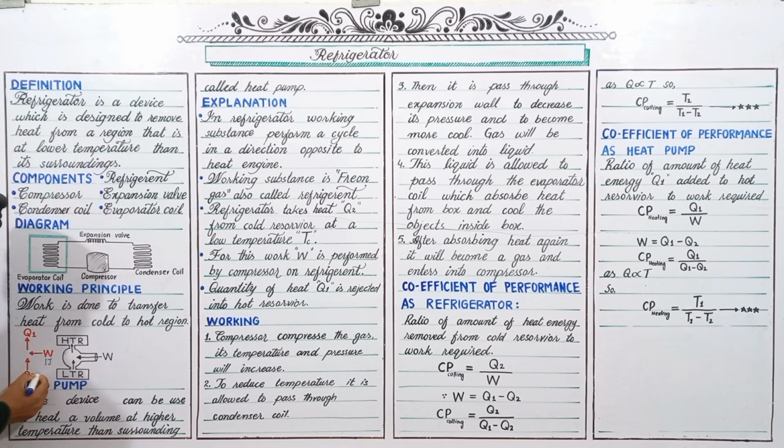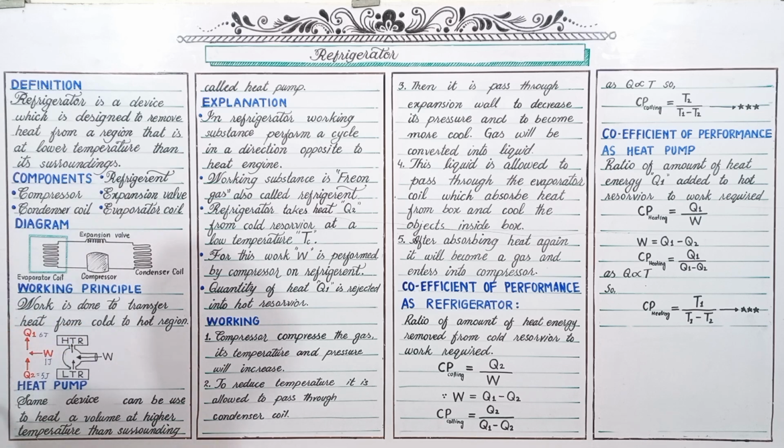Let's say this is 5 joule heat. So 6 joule heat will be sent into the high temperature reservoir. How? 1 joule is the work and 5 joule is the heat. So 5 joule plus 1 joule will be a total of 6 joule, and that will be sent into the hotter region, that is the high temperature reservoir.